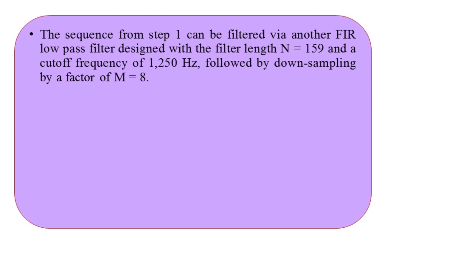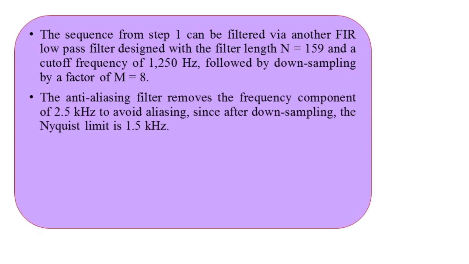The anti-aliasing filter will remove the frequency component of 2.5 kHz to avoid the aliasing effect, since after downsampling the Nyquist limit will reach the value 1.5 kHz.